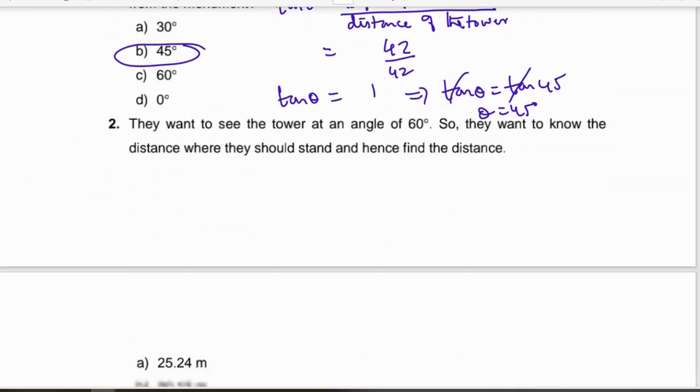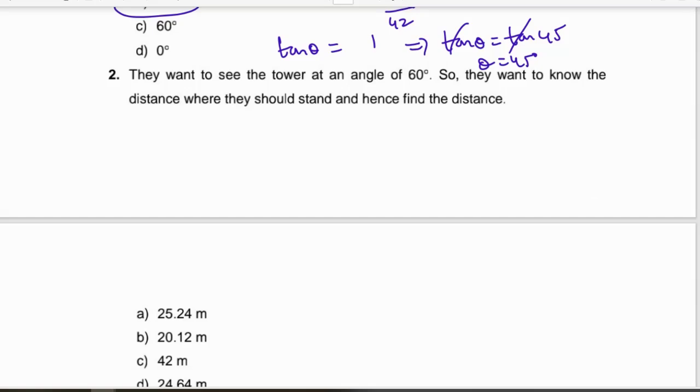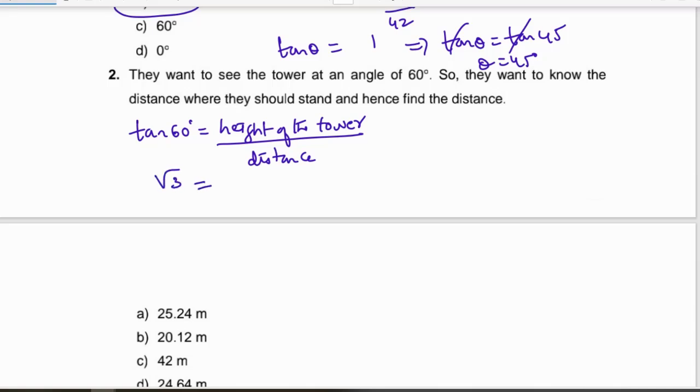Then moving on to the next one: to see the tower at the angle of 60 degrees, they want to know the distance where they should stand, and hence find the distance. So now the next one is tan 60 degree. Tan 60 is the height of the tower divided by distance. We know tan 60 is root 3, and the height of the tower is 42.